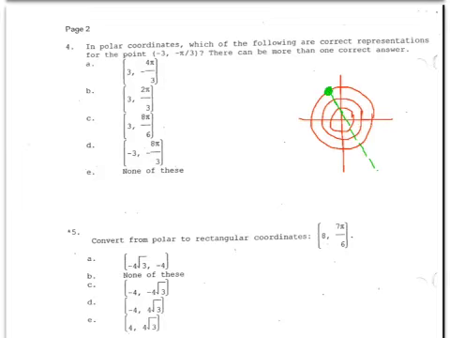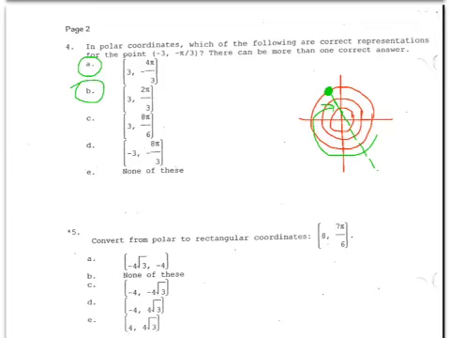Okay, so looking at our other choices, it looks like A is a correct answer, because if we start at 0 and we go around, that would be -4pi/3. So it looks like A is good. 3, 2pi/3 looks like it's a good answer because this angle is 2pi/3.